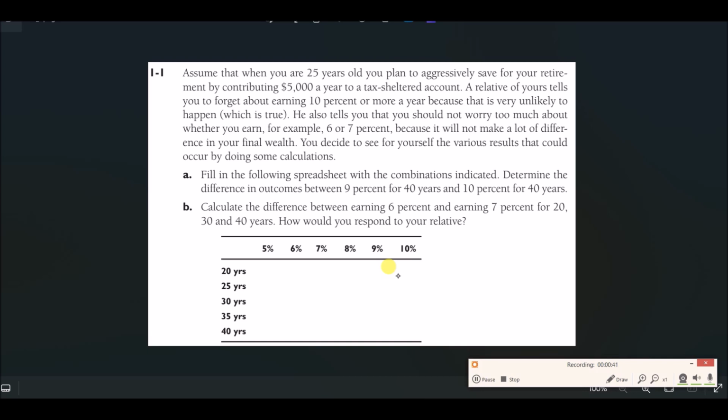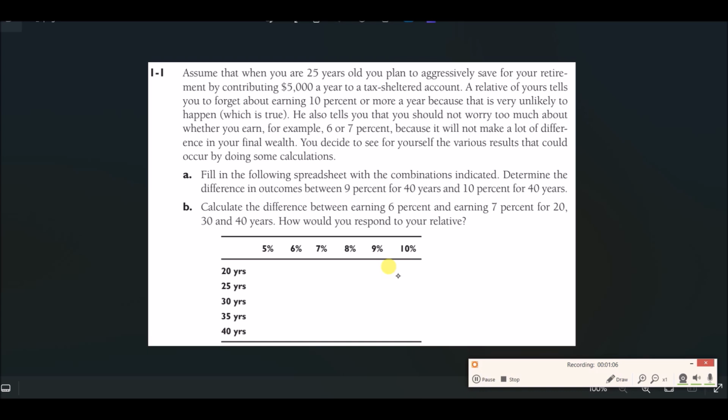He also tells you that you should not worry too much about whether you earn, for example, 6% or 7%, because it will not make a lot of difference in your final wealth. You decide to see for yourself the various results that could occur by doing some calculation.